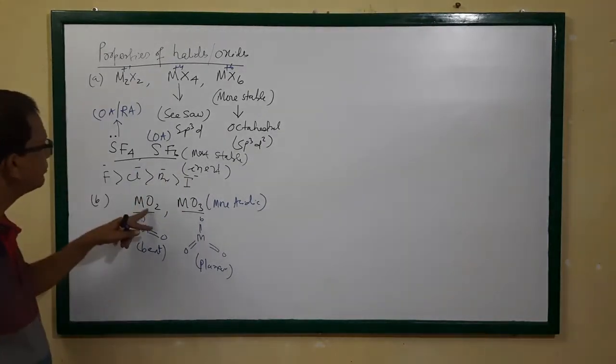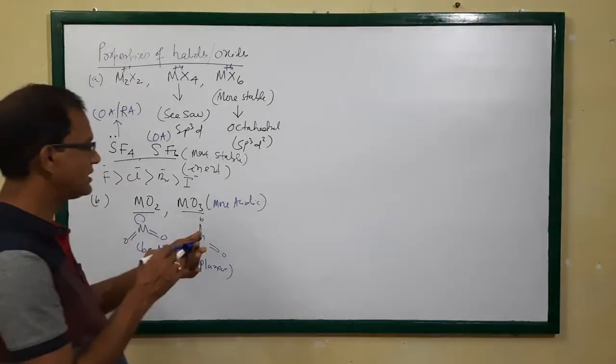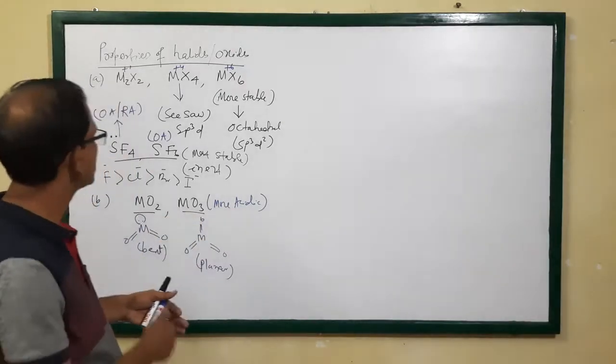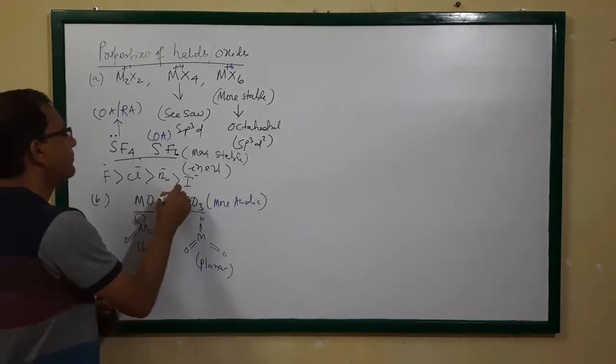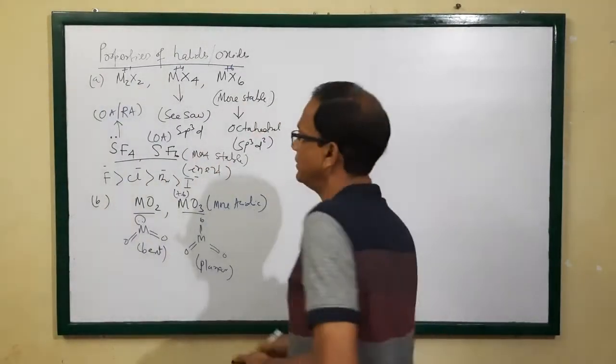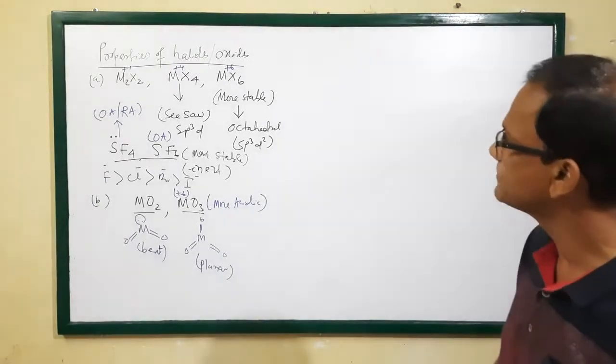So here dioxide is bent shape and trioxide is planar shape, and the more acidic is MO3 because the oxidation state of M is +6. So these are regarding the nature of oxides, dioxides and trioxides.